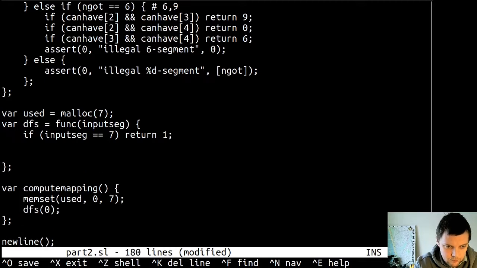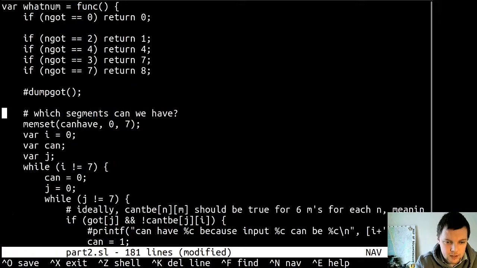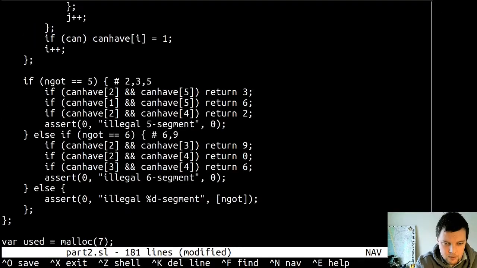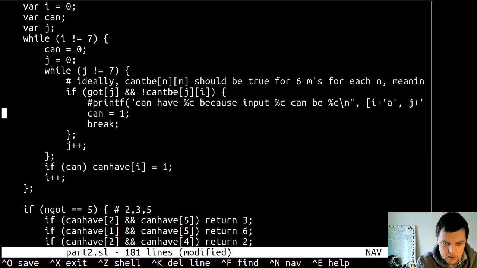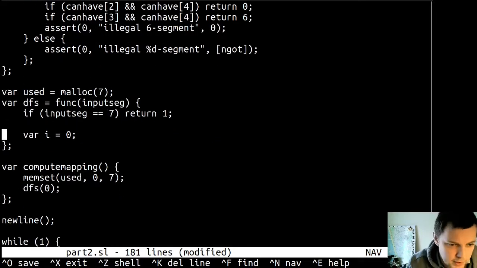Otherwise, what I'm going to do is we'll have a second thing like can have. No, we'll just overwrite can't be. We'll just solve this and then overwrite can't be.